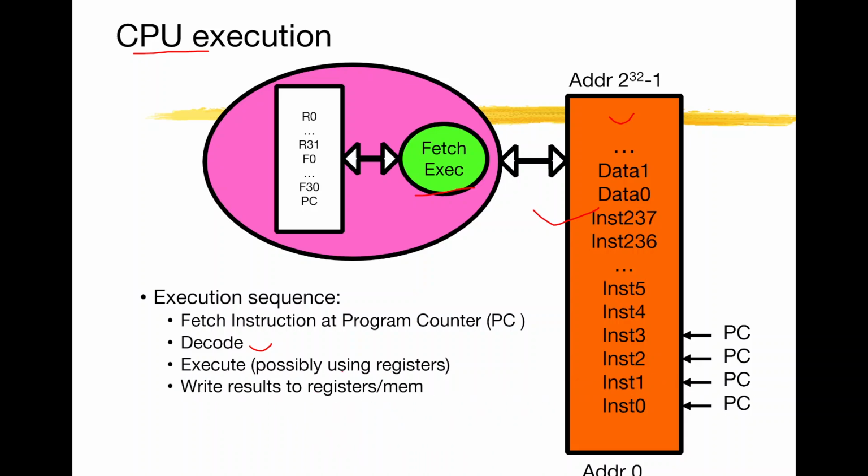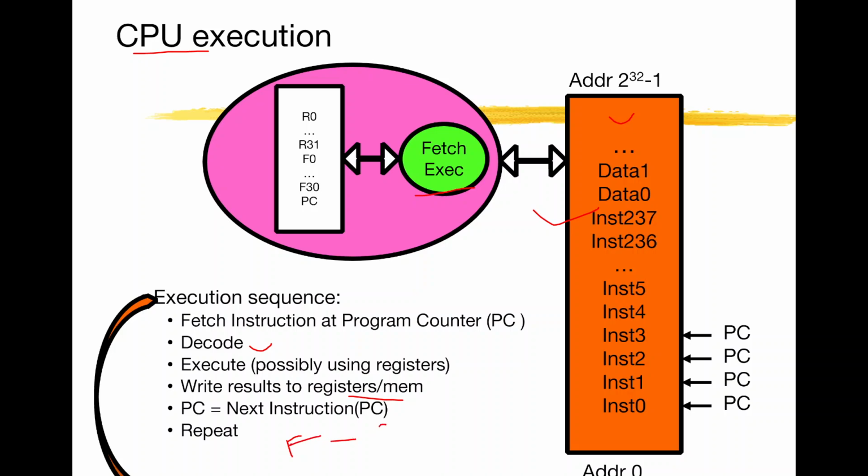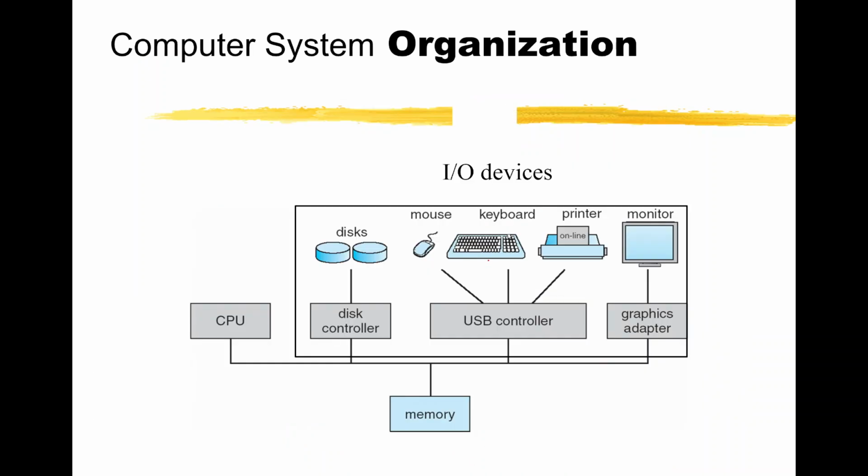Then it writes results to memory or to registers, depending on what it was supposed to do. After that, it now sets the program counter, PC, to the next instruction. So that will now pull out another instruction. It just keeps repeating until finally you have a working program. All these steps are what we call the fetch and execute cycle, seen as FE cycles.